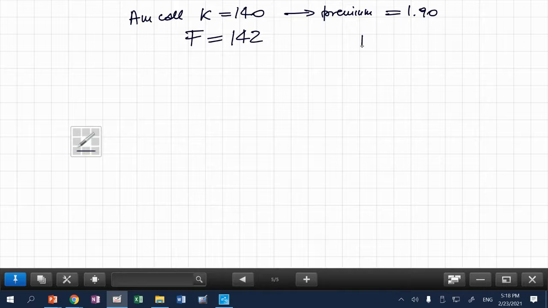So I'm saying that the value cannot be lower than max of F minus K or 0, okay? So with this situation, strike of 140, future at 142, I'm saying that the option cannot trade below 2, okay? Let us imagine it's trading 1.90. There would be a super simple arbitrage that could be made.